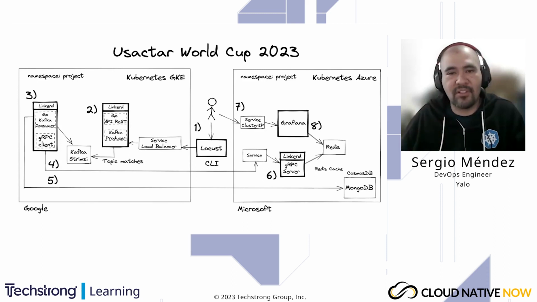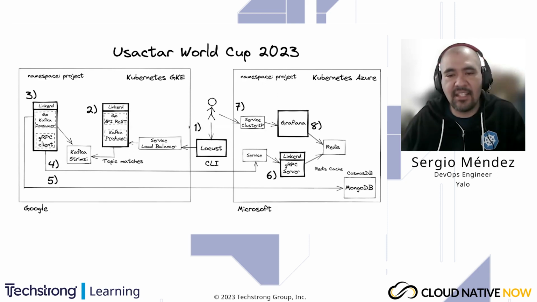We have 2 clusters: the Kubernetes cluster on Google Cloud, and on the right side the services around Microsoft, basically using AKS, the Azure cluster. And how does it work?